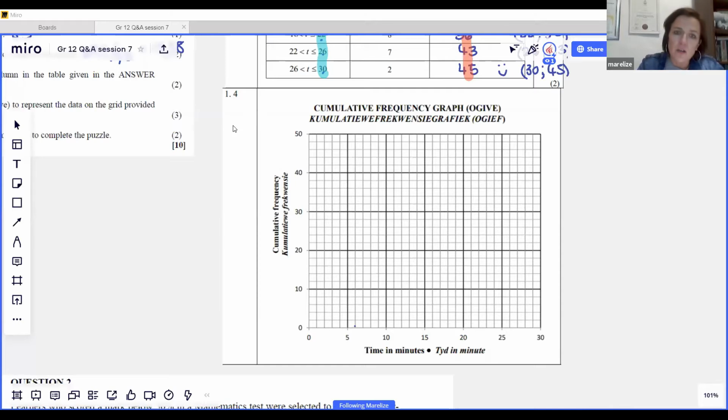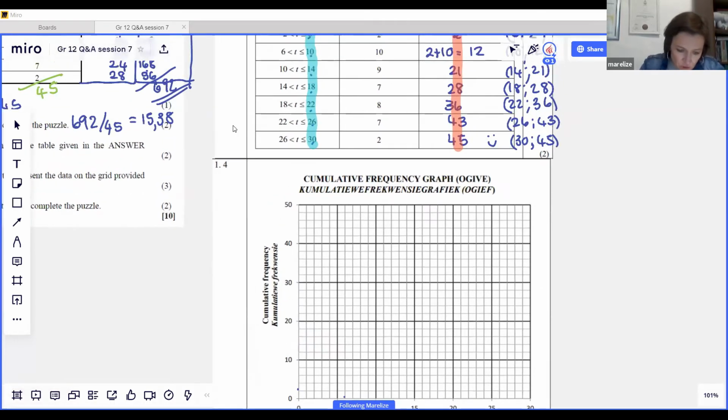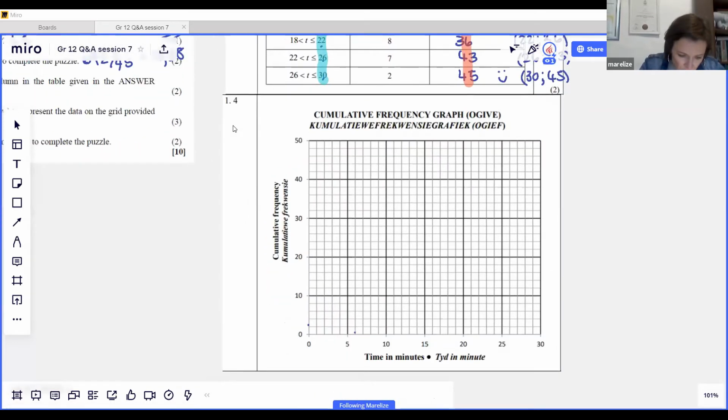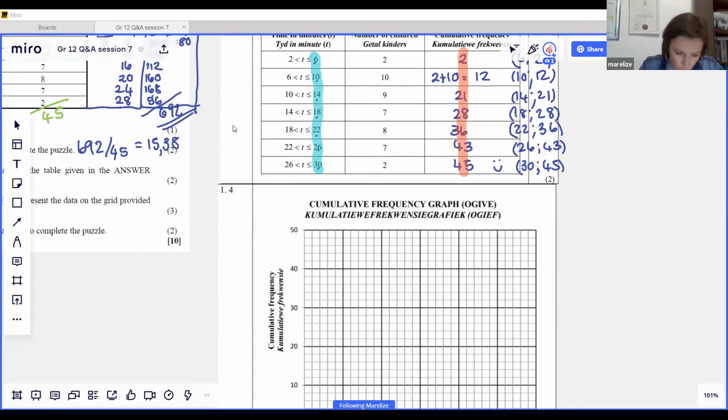So each vertical line is 1 unit, and each horizontal line is 1, 2, 3, 4, 5. So that's 2. So we have to plot 6 and 2. So 6 and 2 will be here. That's my first point. Then my next point is 10 and 12.